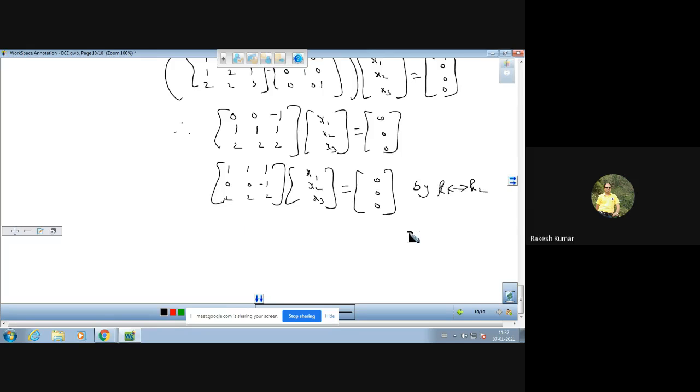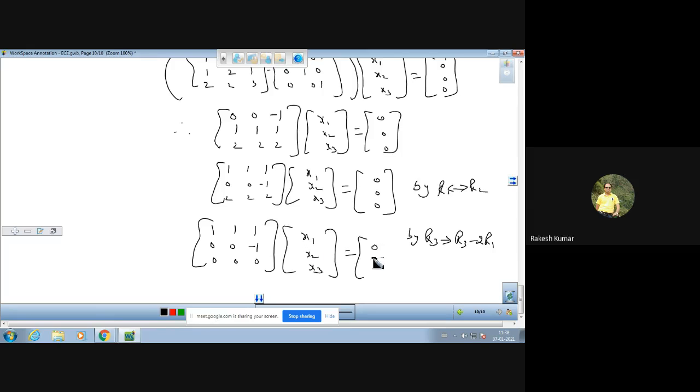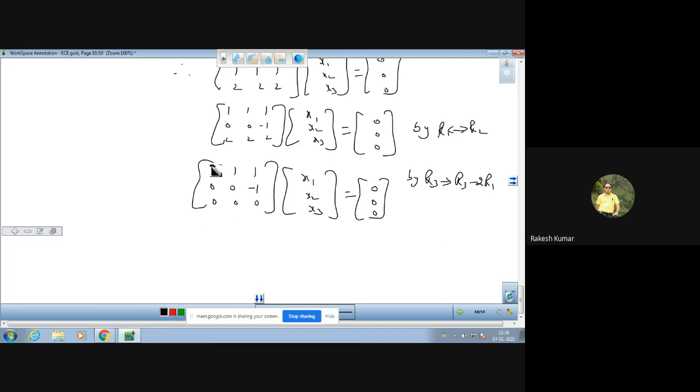Now हम लोग subtract कर सकते हैं by using R3 as R3 minus 2 R1. R1 को pivot use करके 1 1 1, 0 0 -1. लास्ट वाला रो सारे का सारा 0 बन जाएगा. So x1 x2 x3, this is 0 0 0. Now operate the equation.